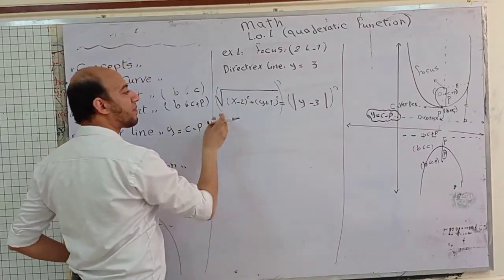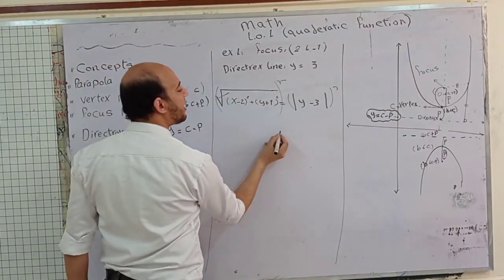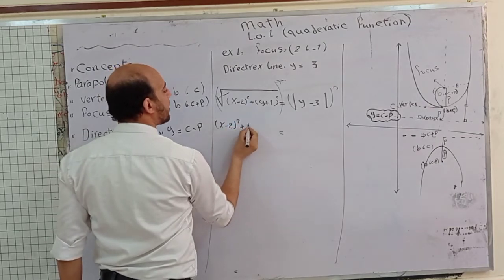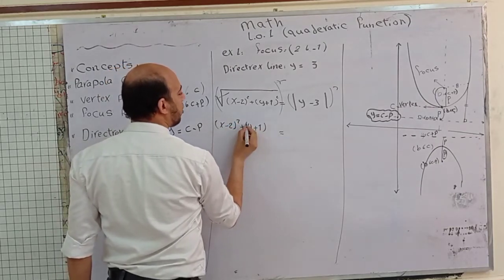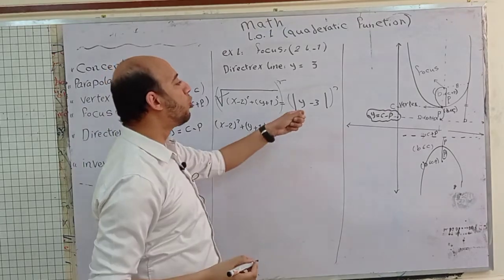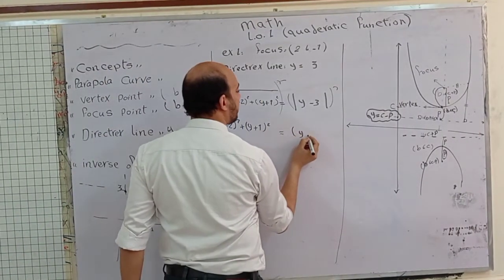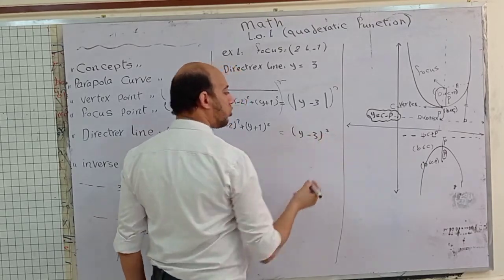If we square that, the square root is eliminated, and we get (x minus 2) all squared plus (y plus 1) all squared. When we square this absolute value, it will be (y minus 3) all squared.